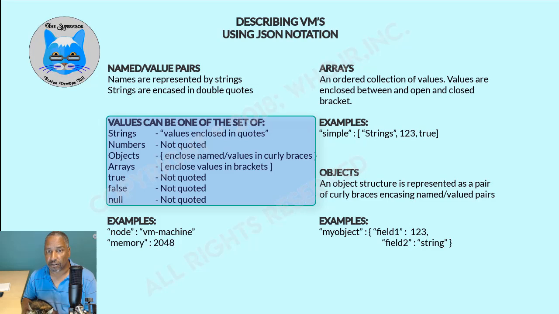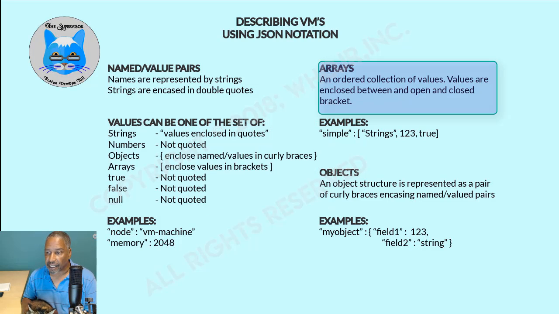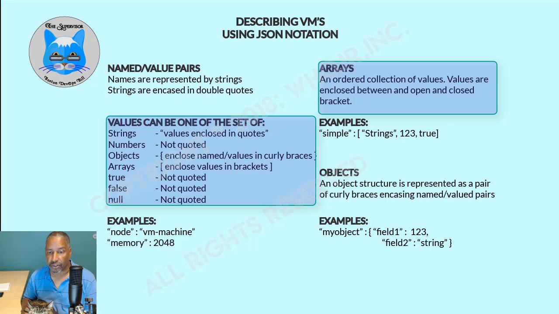I talked a little bit about arrays a second ago. Arrays are just ordered collections of values, and the values on the screen are the ones we just covered.